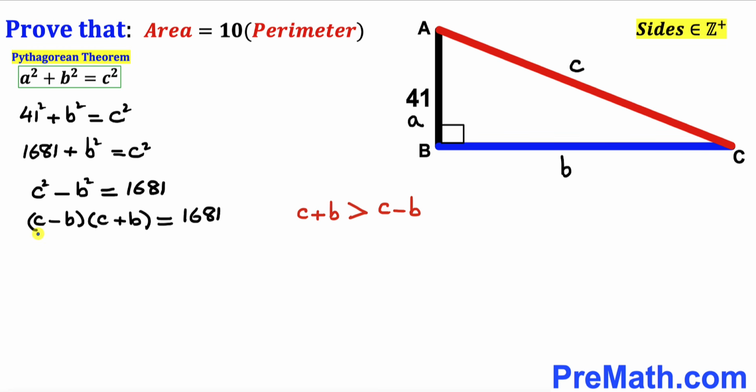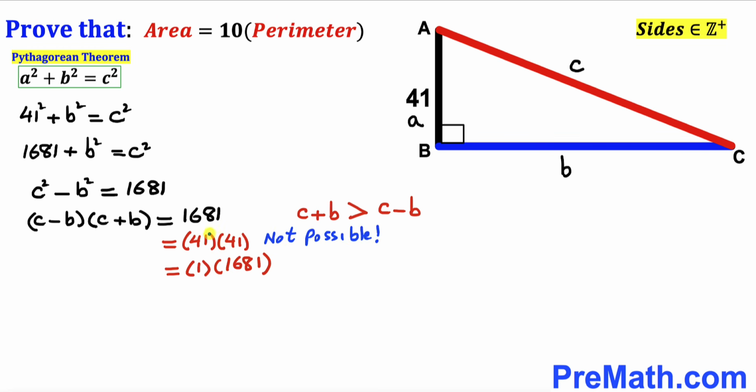Now let's make an observation. We have the product of these two factors on the left hand side, so we are going to break down this number into two factors. The very first option is 41 times 41, and the other option is 1 times 1681.